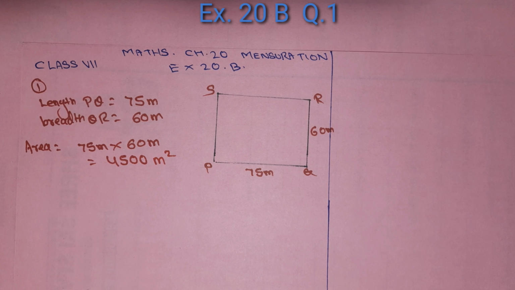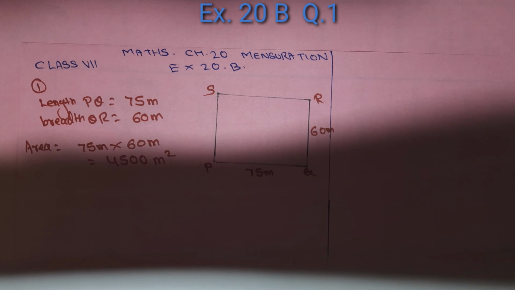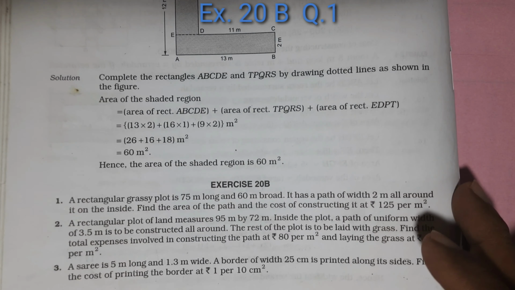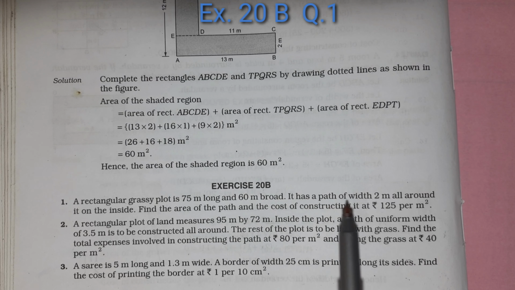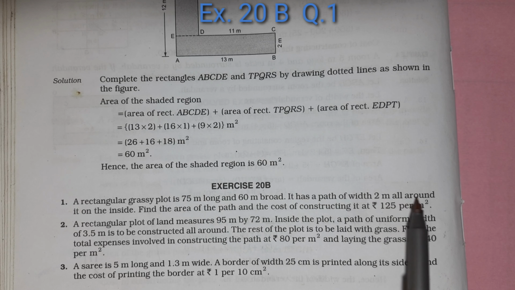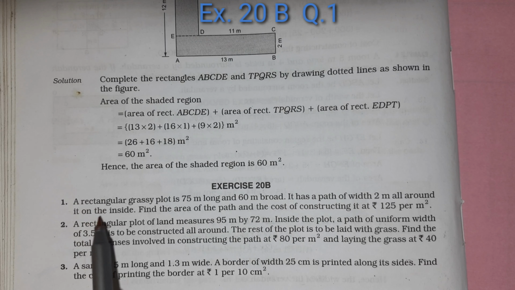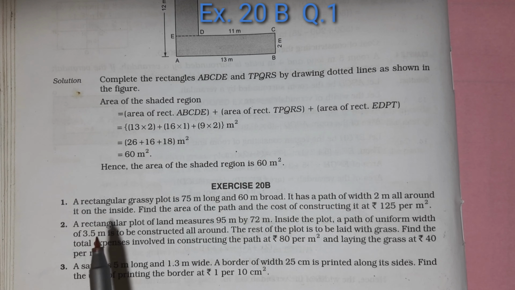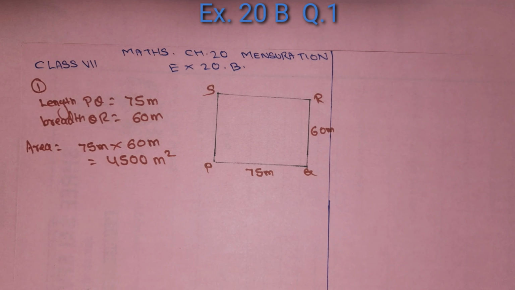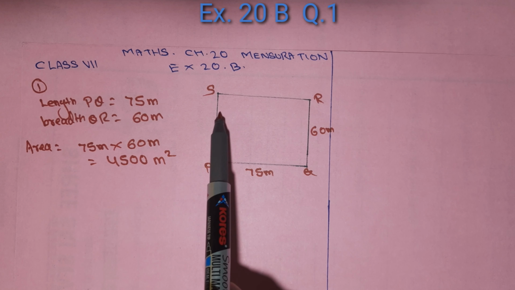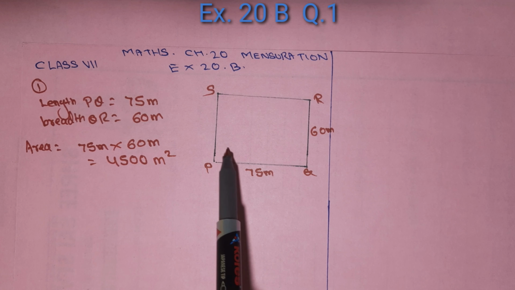Now we will see the second part of the question. Second part says that it has a wide path 2 meter all around it on the inside. Inside means inside this there is a 2 meter breadth road path.